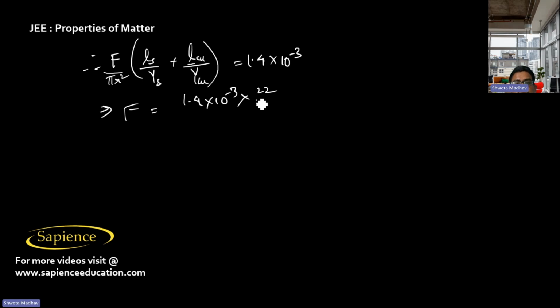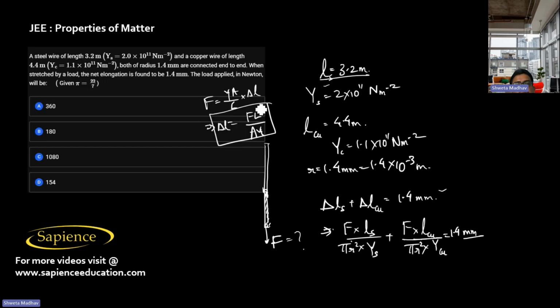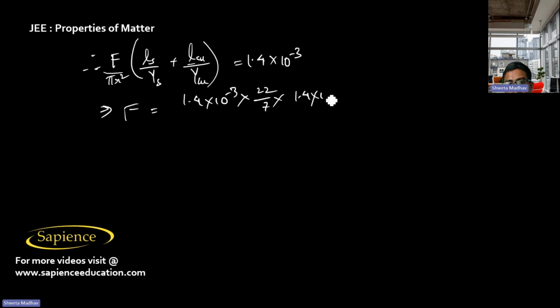Pi, that is 22 by 7 into r. R is 1.4 into 10 power minus 3 meters, whole square.